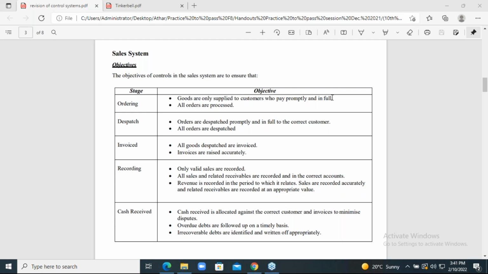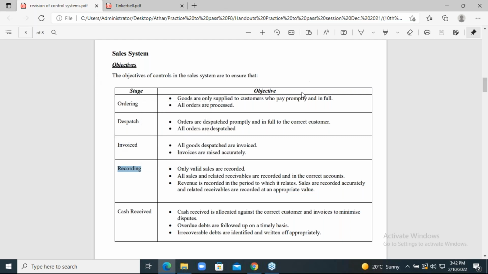You must identify and assess them, and you must make suitable strategies to mitigate the effects of those risks. Now this is our objective here. Except for the recording stage, the rest of the stages like ordering, dispatch, invoice, and cash received are all covering the business risk for which management and persons charged with governance are mostly concerned.